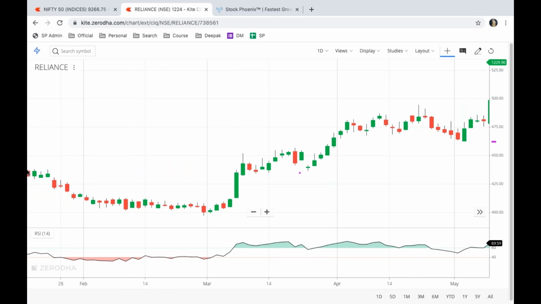So now see here, from the sideways market, RSI is crossing the 60 level. That is on this particular day. On the same day you can take the position. No need to wait for this candle closure.